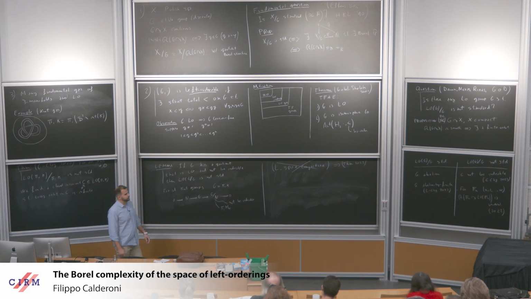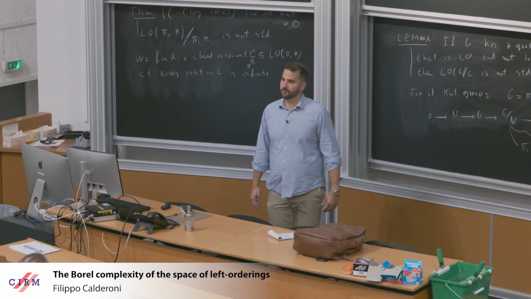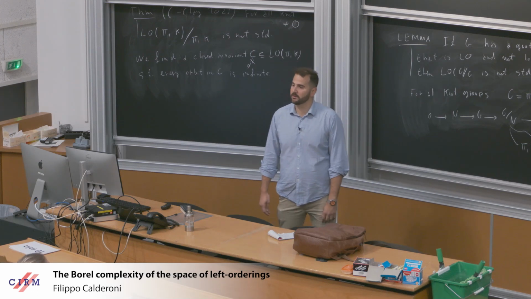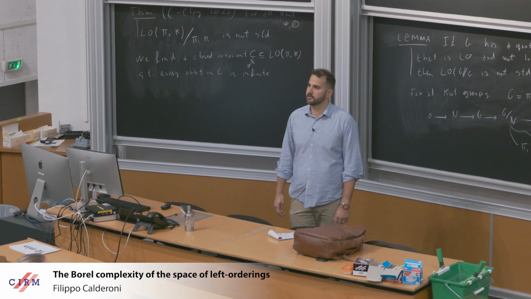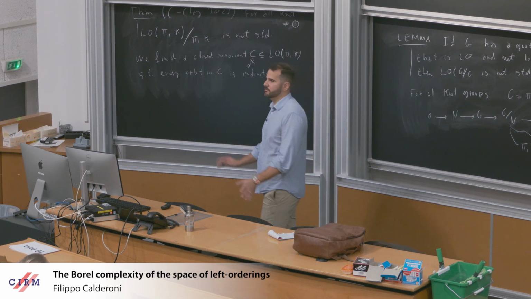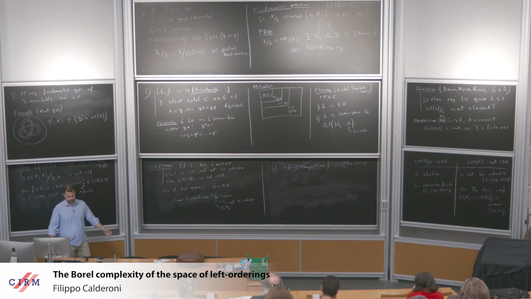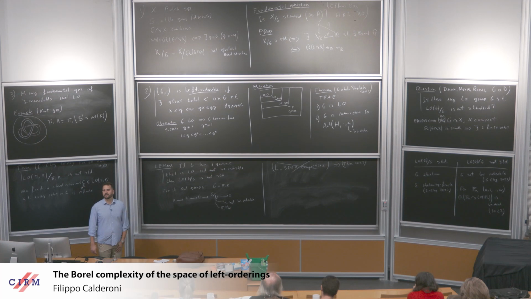We have some examples of solvable groups for which the quotient space is not smooth, like Baumslag-Solitar. That's something very recent that hasn't been written up yet. So for Thompson's group, I expect a space that is not standard, but proving hyperfiniteness in this context is extremely hard.